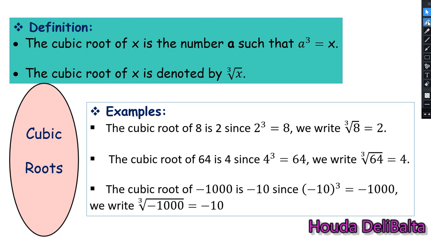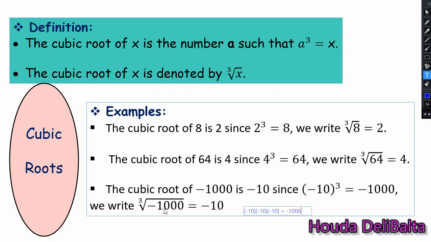So when I multiply minus 10 by minus 10 by minus 10, I'm going to get minus 1000.